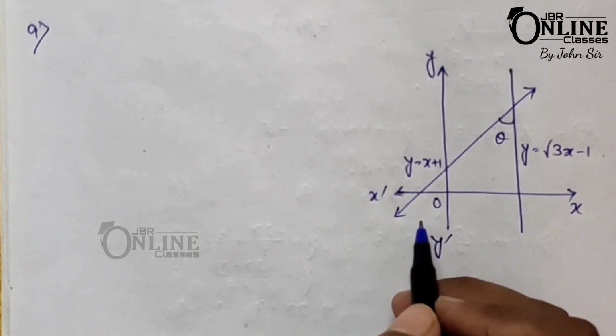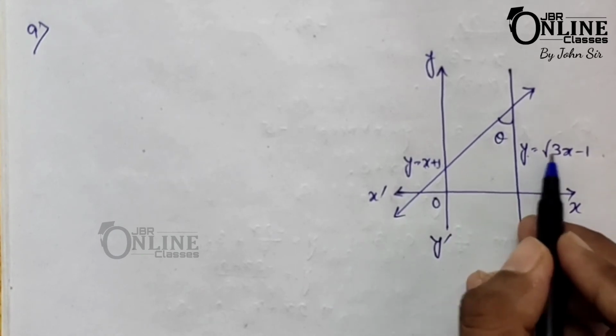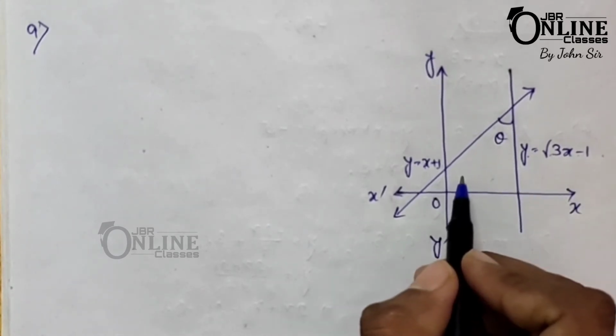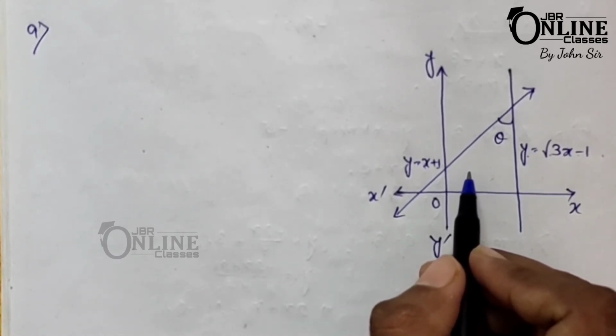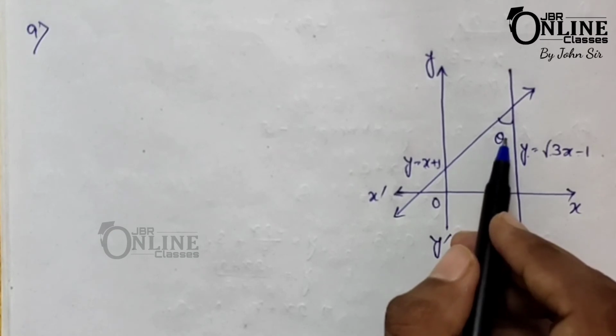The given figure represents the lines y equal to x plus 1 and y equal to root 3x minus 1. Write down the angles which the lines make with the positive direction of the x-axis, hence determine theta.